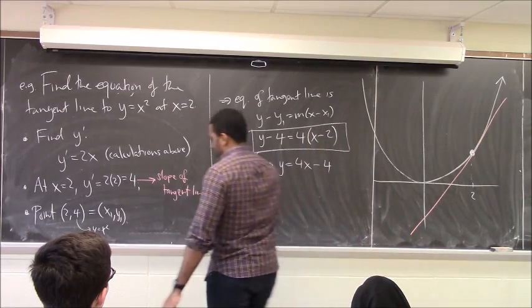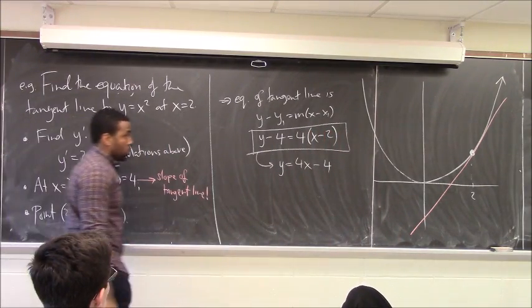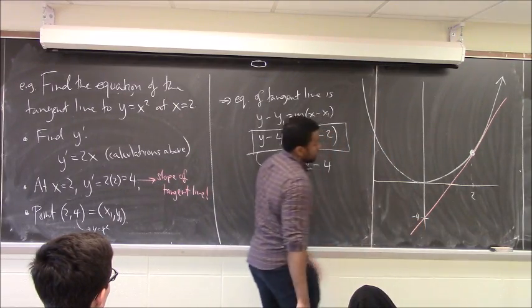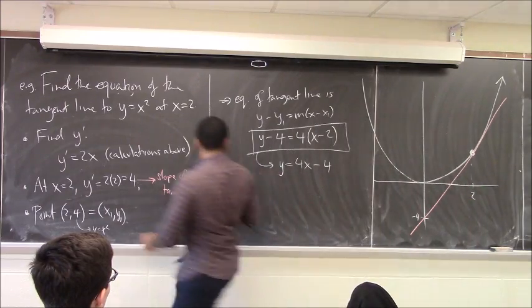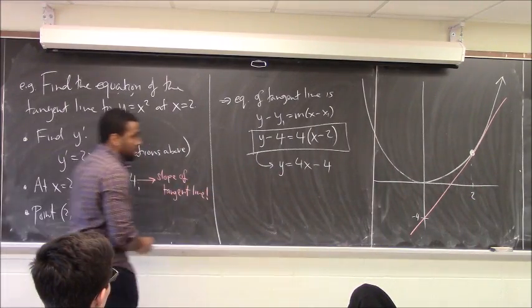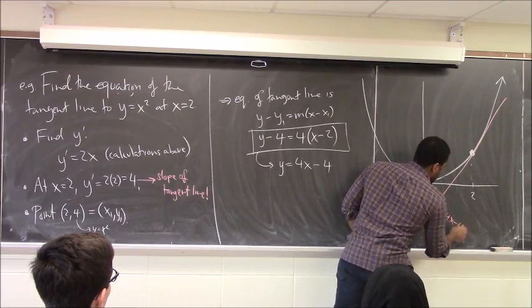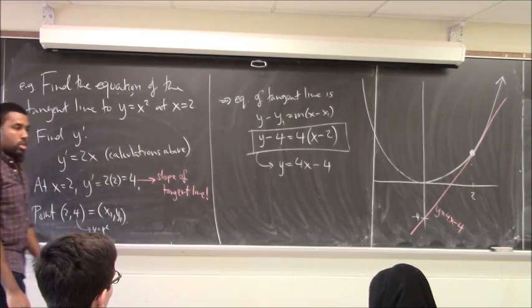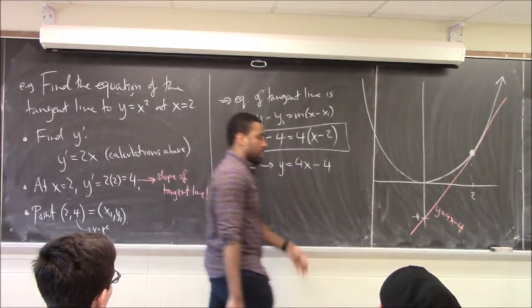And now I might ask, what is the equation of that line? It will be the line with slope positive 4 that has a y-intercept of negative 4. This is the line y equals 4x minus 4. That is the tangent line to x squared at the point x equals 2. The derivative helps us find that line.